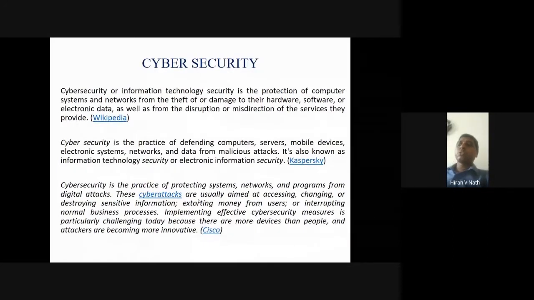The present introduction of IoT, cloud computing, and fog computing have increased the threat landscape. Threat landscape means all the points from which the attack could be introduced or the attackers could come in. So this domain has increased a lot. Cybersecurity is not just a computer science subject.